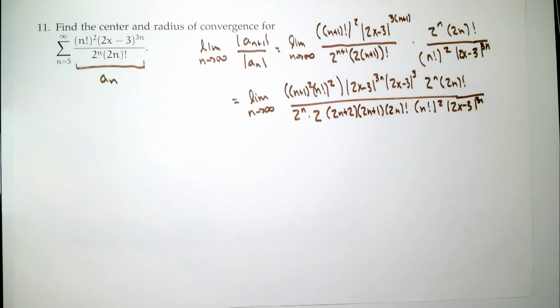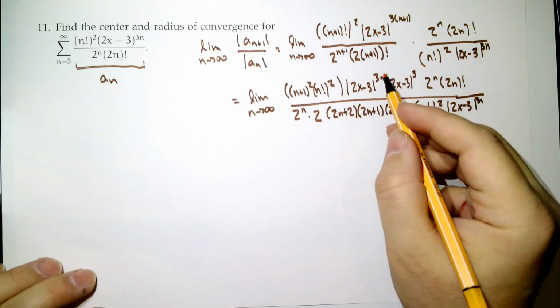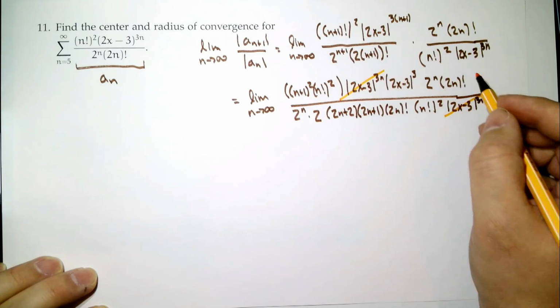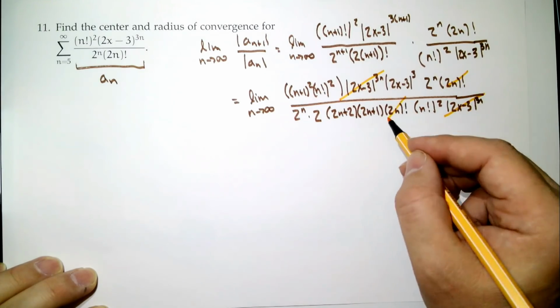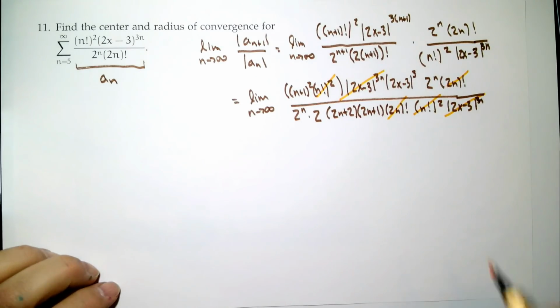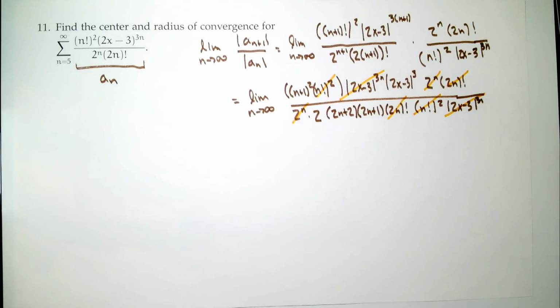All right, now the fun part. Cancellation. Those cancel. The 2n factorials cancel. The n factorial squareds cancel. So the 2 to the n's cancel. So that really, it almost all cancels. Well, almost. It doesn't mean everything does.